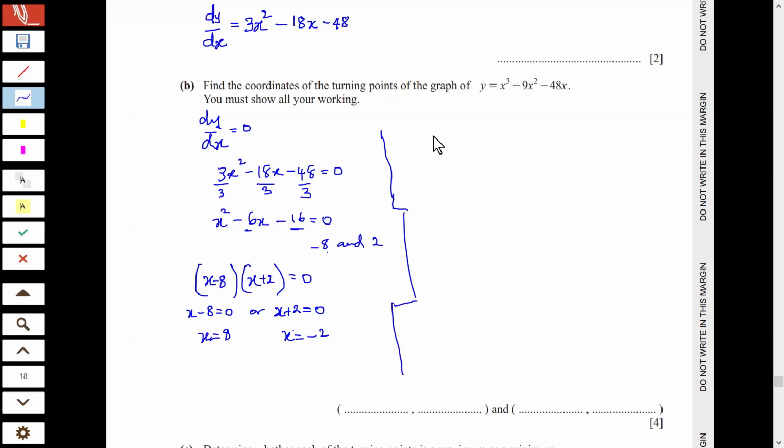If x is equal to negative 2, so y will be equal to, substitute into this equation, negative 2 to the power of 3 minus 9 times negative 2 to the power of 2 minus 48 times negative 2.